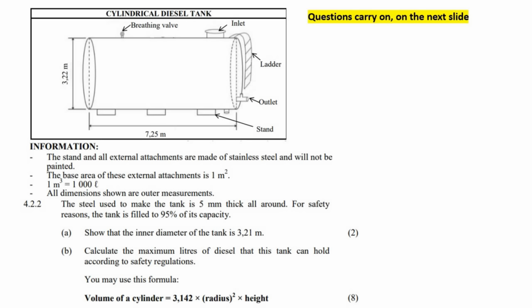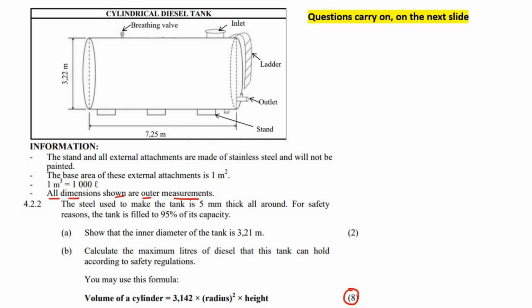The next question, for 8 marks: calculate the maximum liters of diesel that this tank can hold. Okay, so we need to work out the volume of the inside of the tank. Please be careful, listen to me carefully. They said all dimensions shown are outer measurements.